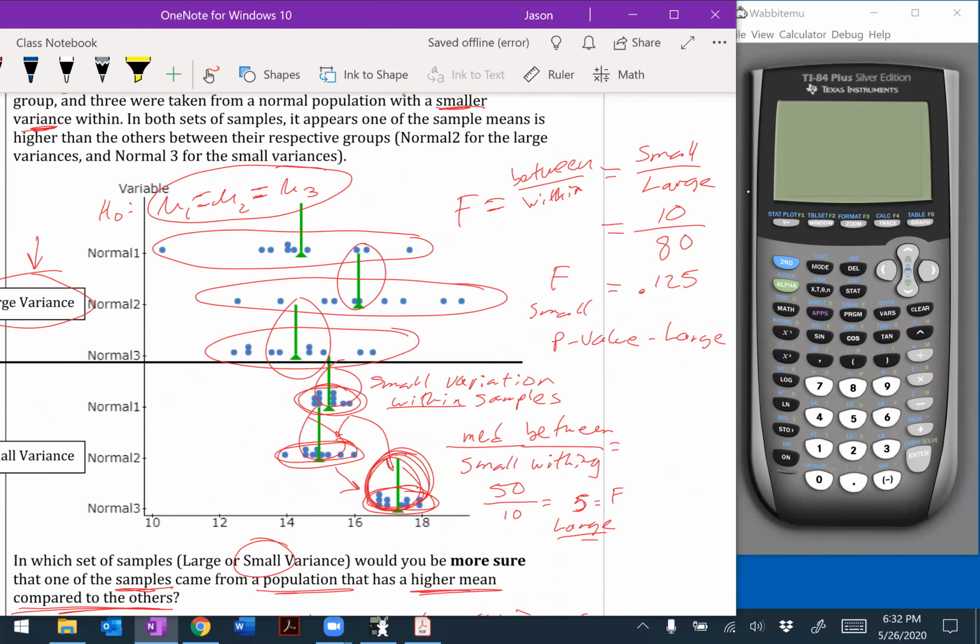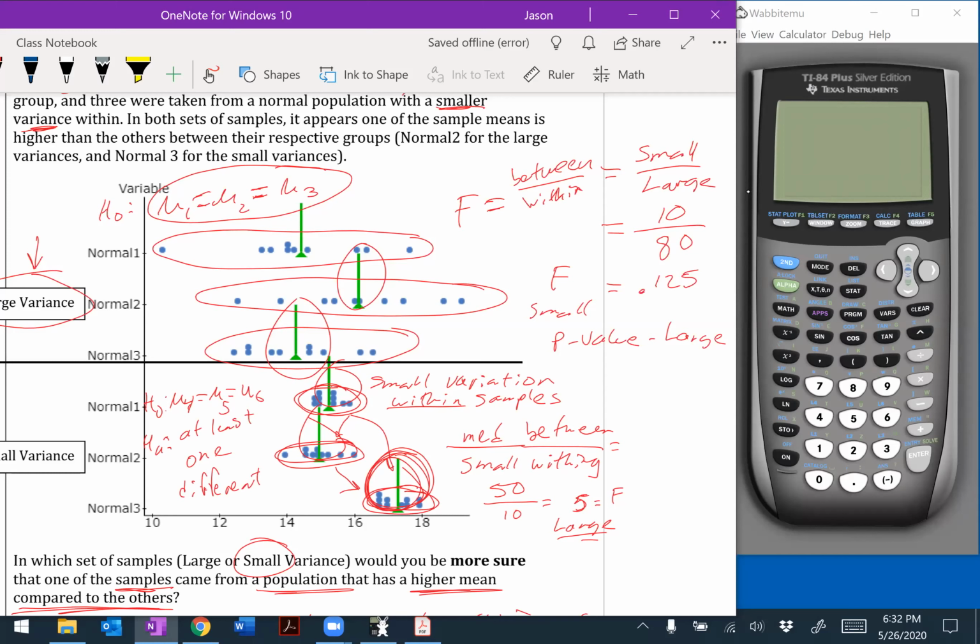Whereas down here, if this was my null, mu1 equals mu2 equals mu3, or maybe I could use 4, 5, and 6 for these guys, just to differentiate them from the ones above. This is mu4, mu5 and mu6, right? And then what's the alternative? The alternative is always that there's at least one different, at least one that's different.